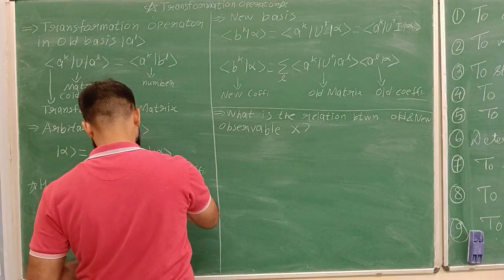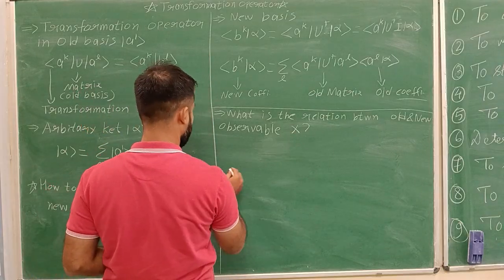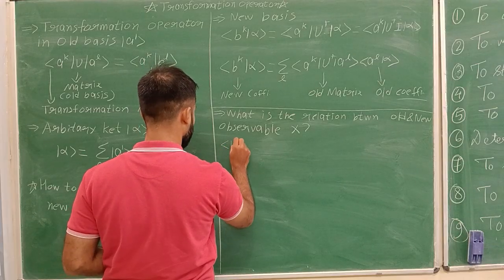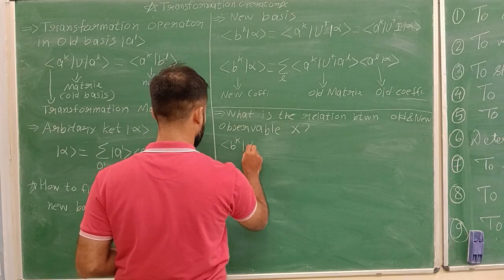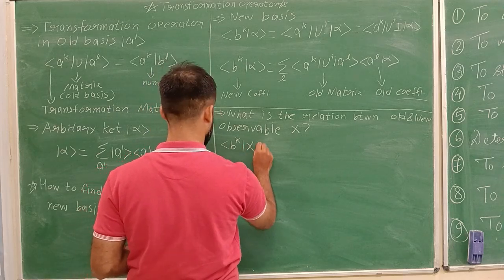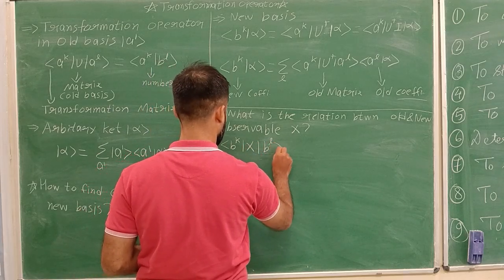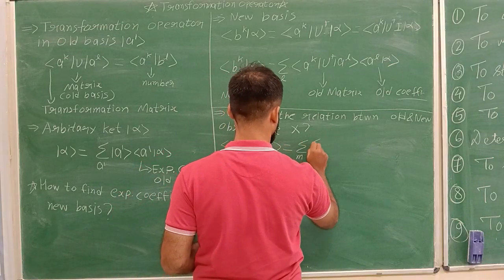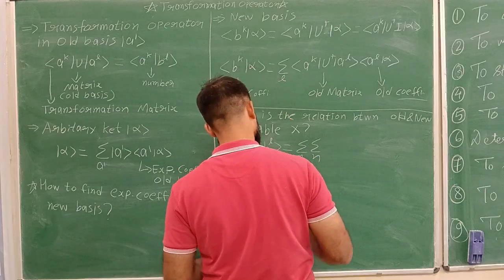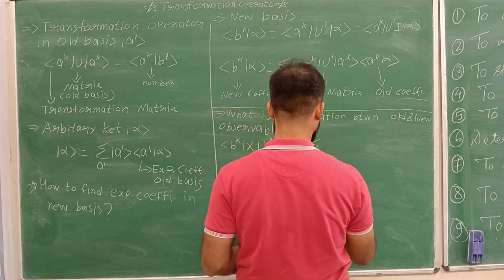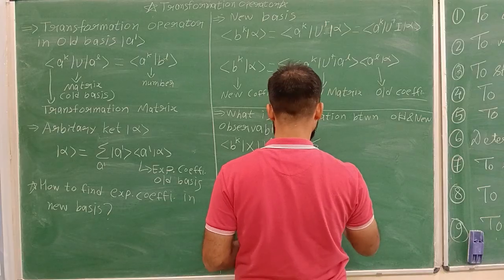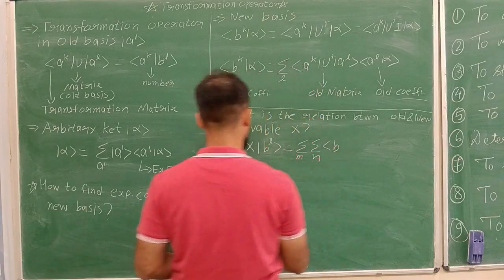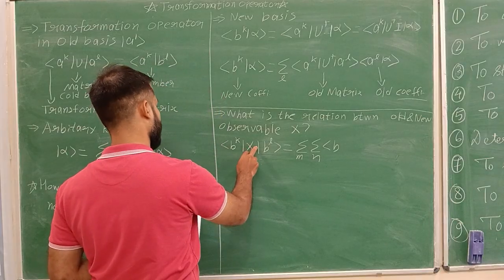So let's say the observable is X, and how can I write it in a new basis? I'm going to exploit the identity on both sides in the old basis to get some relation between old and new. So we exploit identity here and here.